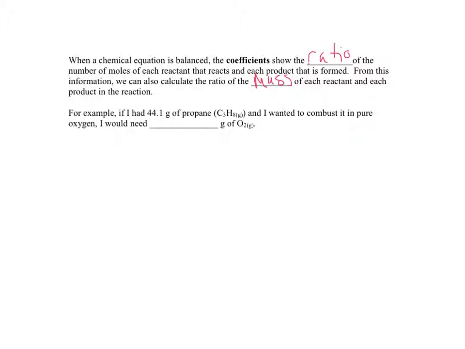For example, we got 44.1 grams of propane from the amount in moles from above, and we knew that for every 1 mole of propane, we've got 5 moles of oxygen. So we take that 1 mole of propane and convert it to mass using the molar mass, and we get 44.1 grams. We know that to get a complete combustion reaction, we're going to need 160.00 grams of O2 to get that reaction to fully occur.